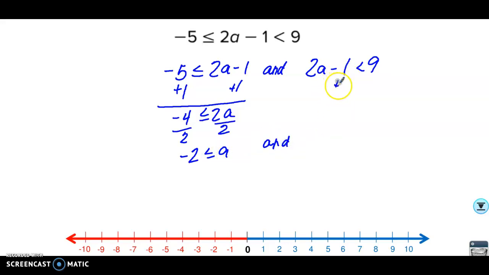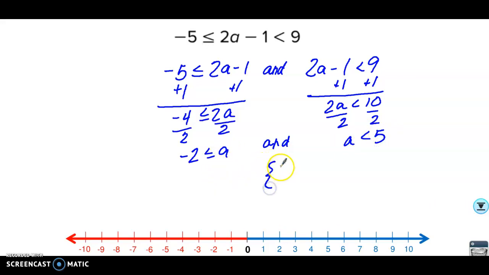Over here, we add 1 to both sides. That gives us 2a is less than 10. Divide both sides by 2. Again, it's a positive number, so we don't flip the sign. Right? To write this in set builder notation, we have a as our variable on this one with a pike, and then we would have -2 is less than or equal to a, which is less than 5, end brace.